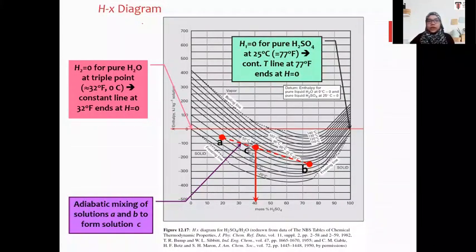Example of an HS diagram for sulfuric acid. So we have enthalpy versus its composition based on the mass fraction. Okay, if we draw a straight line, this is the line for enthalpy equal to 0. So for this point, we can see that this is for H2 equal to 0.